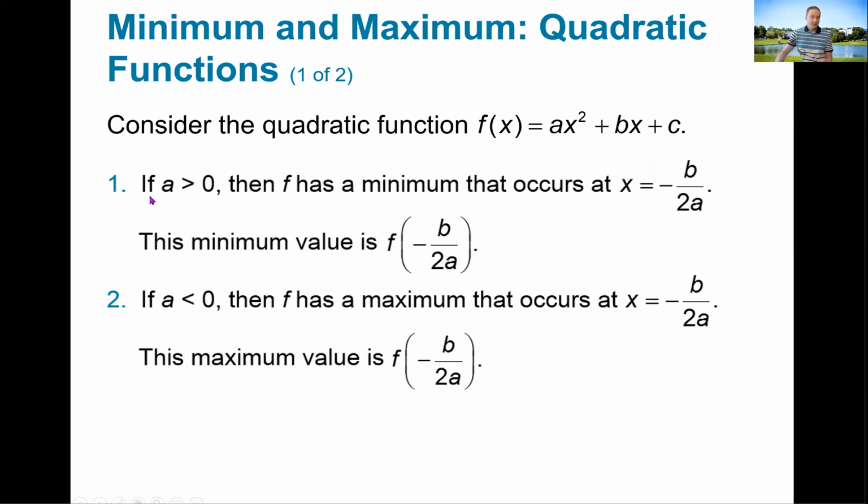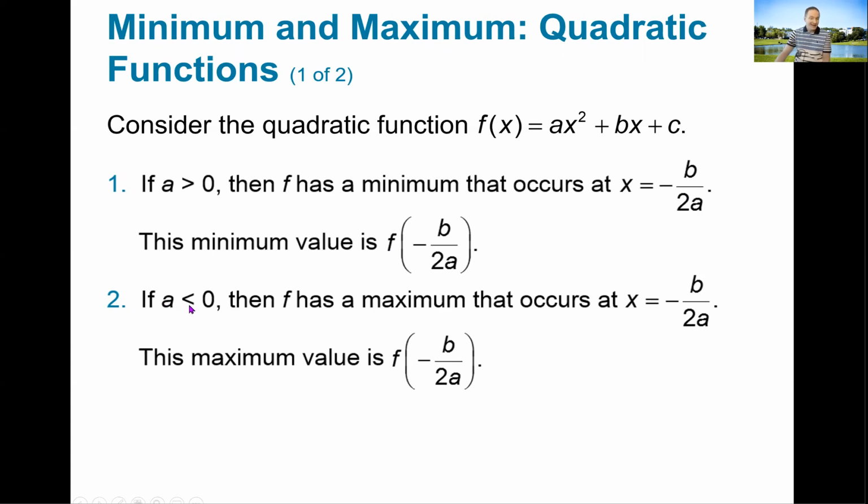So that's what I'm saying here. If a is greater than 0, then your vertex is going to be a low point, and that y value there is going to be the minimum. So the minimum would occur at -b/2a, and the minimum would be the function's value at -b/2a.